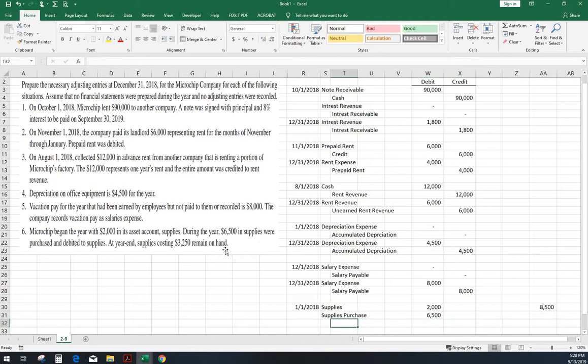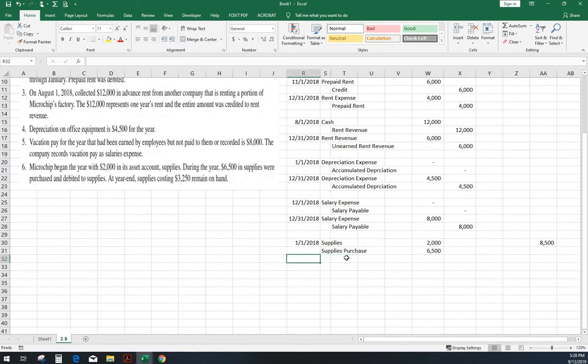And at the end of the year, supplies costing $3,250 remain on hand. So on 12/31, our supplies balance.